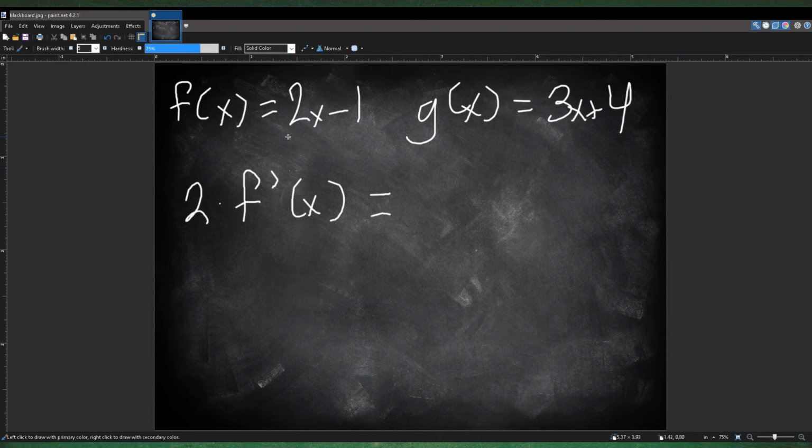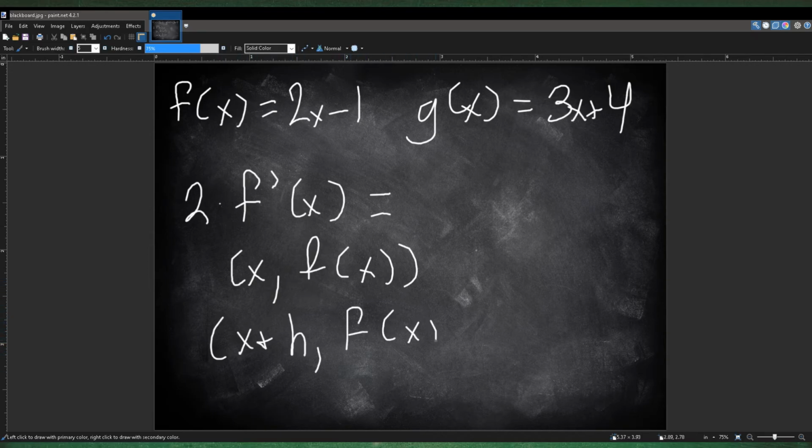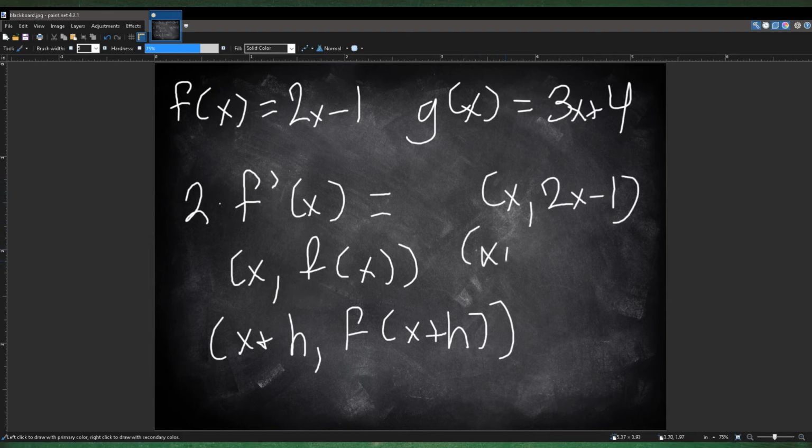If we use the general idea from chapter 2, part 1 in our previous video, we have x and f of x, and we have x plus h and f of x plus h. So we plug that in here, we have x and 2x minus 1, and we have x plus h.